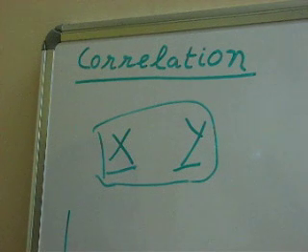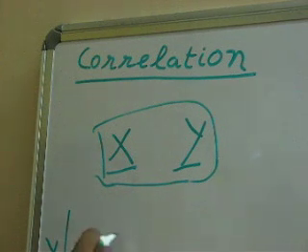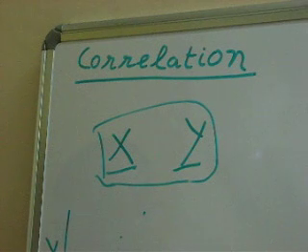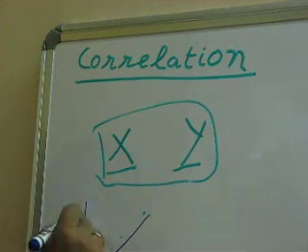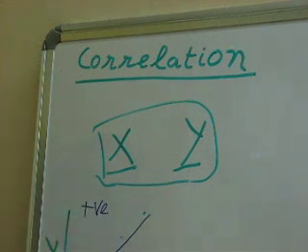Let's say we have a scatter plot. Here we have x, here we have y. If you see something like this, it's just a straight line: as x is increasing, y is increasing, so you say that it's a positive correlation.